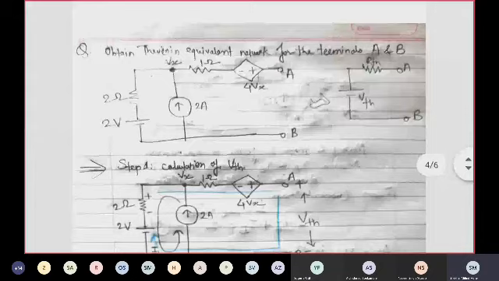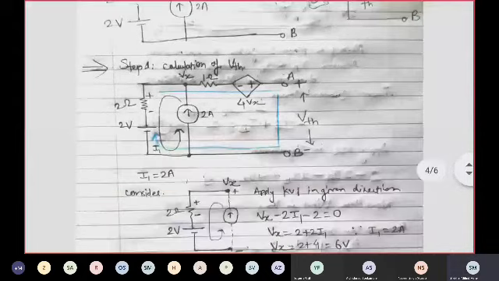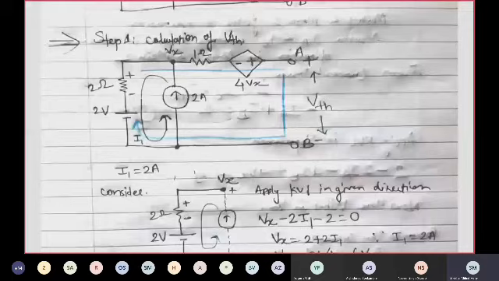So you have to convert your circuit into two components, VTH and RTH only. So our first step is calculation of VTH. VTH is the voltage between points A and B.